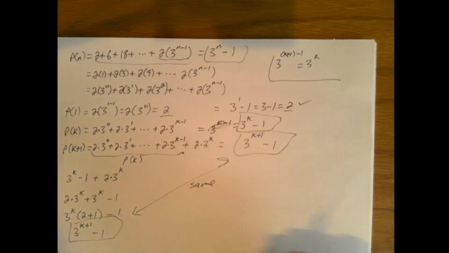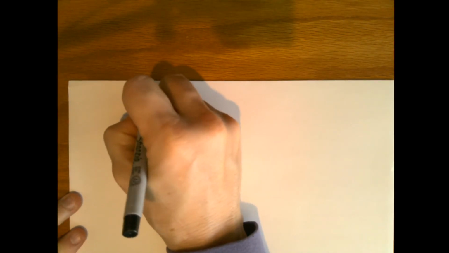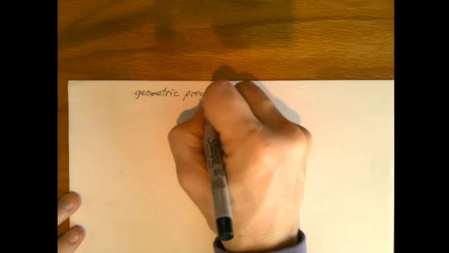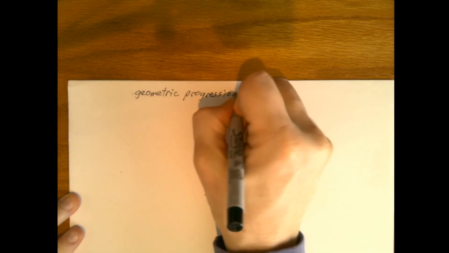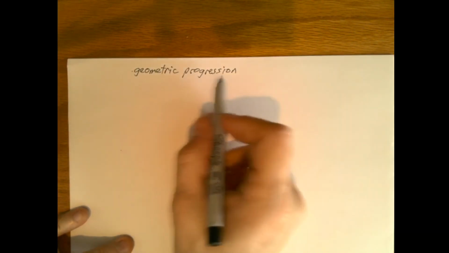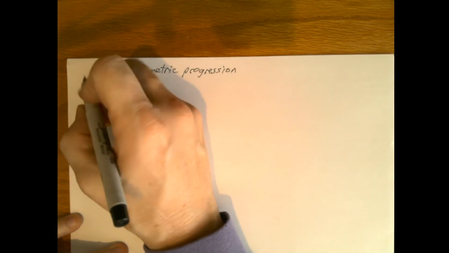Okay? So this particular problem is actually an example of what's called a geometric progression. Now, I will tell you different authors may represent it differently depending on how they want to stop the progression. But it's basically of this form.